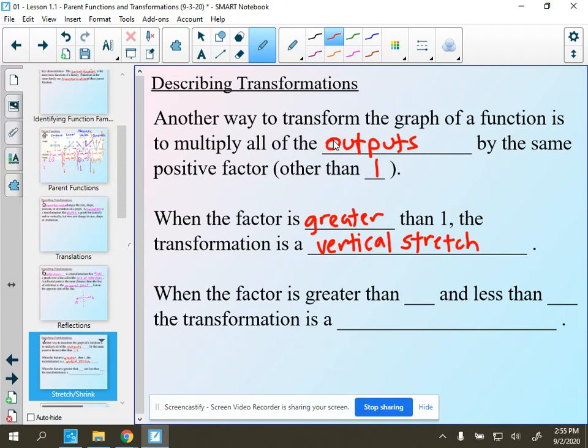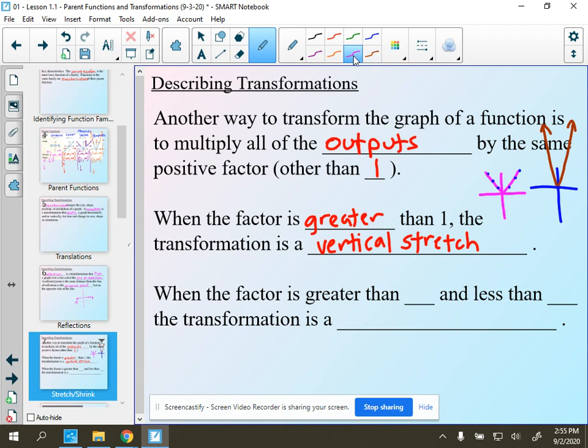Whatever graph we're looking at, if it's an absolute value graph and my parent function looks like this, and we multiply all the outputs by 3, or any number greater than 1, that's going to cause this graph to get stretched vertically, kind of get taller and skinnier.